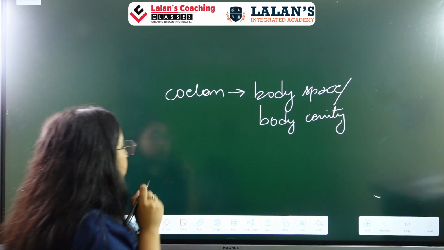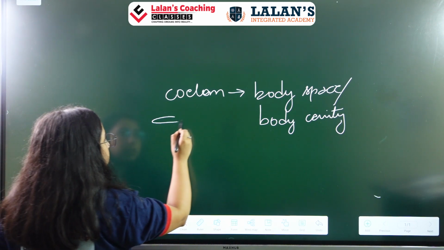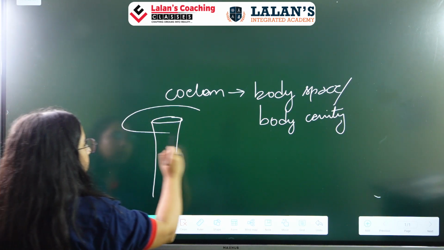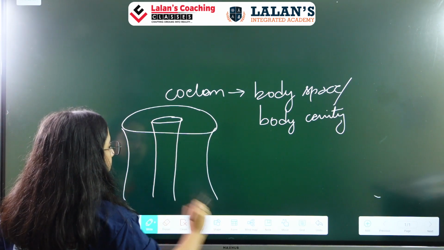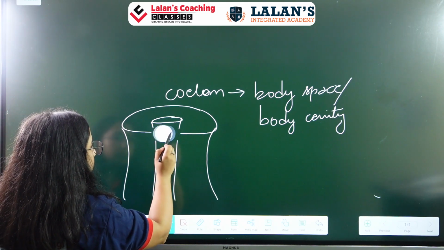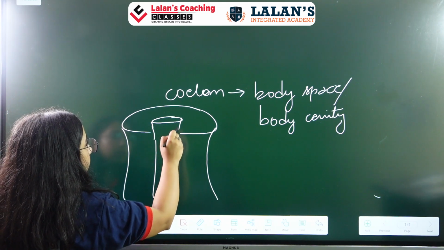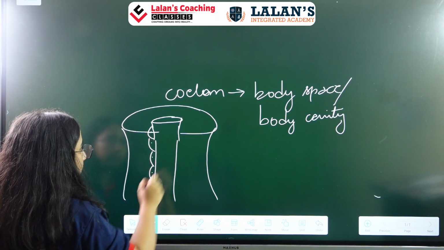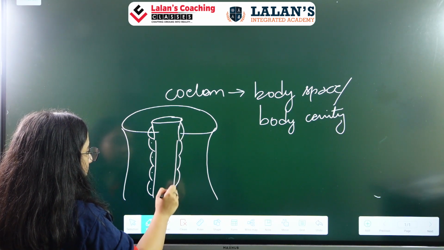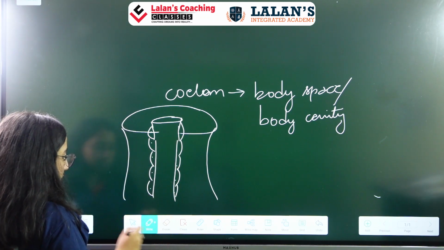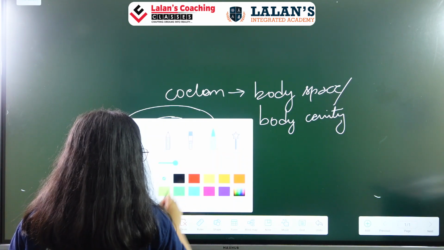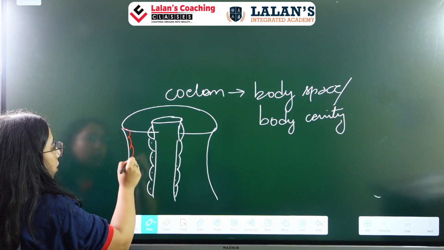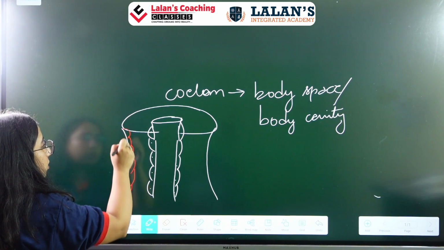Now in some organisms what happens is, as we had already mentioned, let's say this is the food pipe or the gut, and this is the body of the organism. The food pipe is basically made out of endoderm cells. So these will be your endoderm cells which make the food pipe. The outer part of the body will be made out of the ectoderm cells.